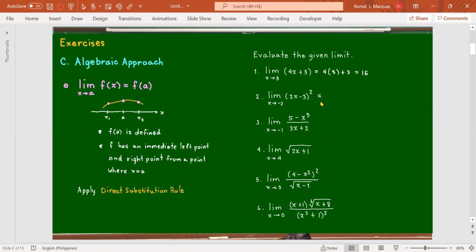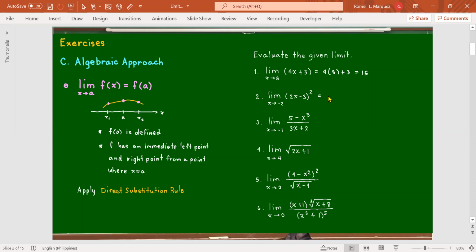What about when x is negative? What about number 2? Limit of the quantity 2x minus 3, squared, as x approaches negative 2. Again, this type of function has immediate left and immediate right points at x equals negative 2, no?